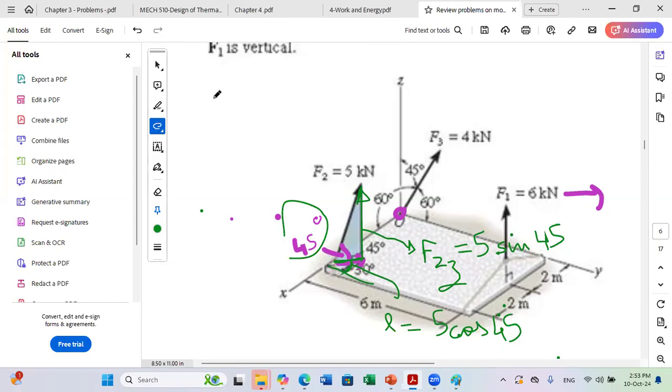This is X, this is Y, and this is my line L. As you can see, my vector is pointing from this point towards the projection.